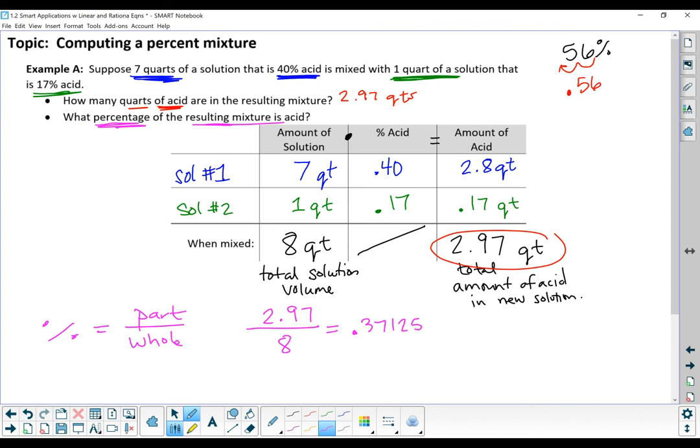And it's asking us what percentage is acid, so we need to report our answer as a percentage. So we would say that it's 37.125%. So that would be the answer to the second question.